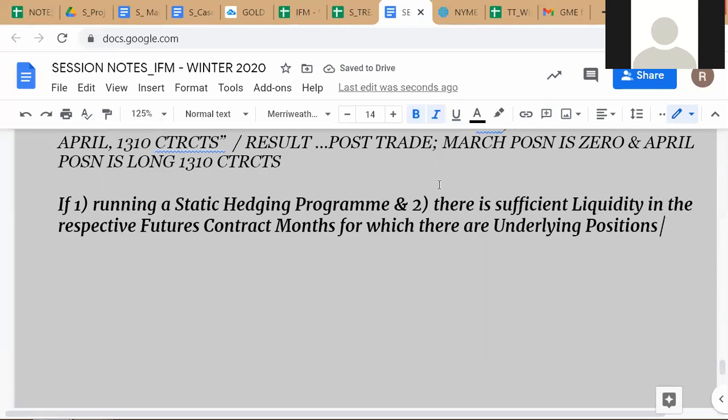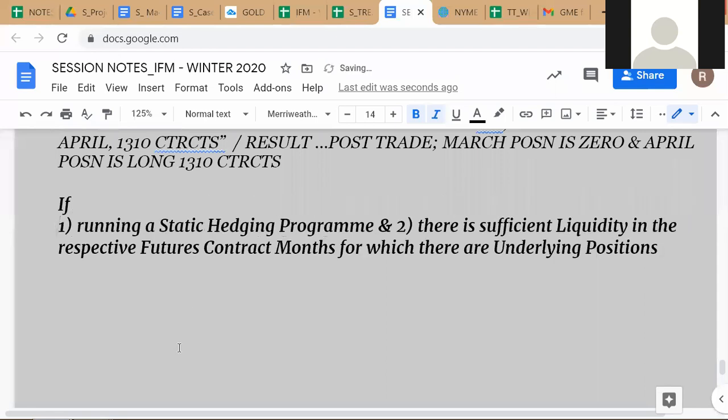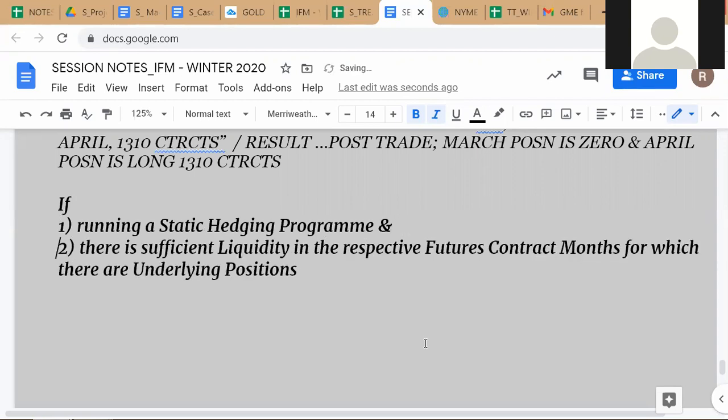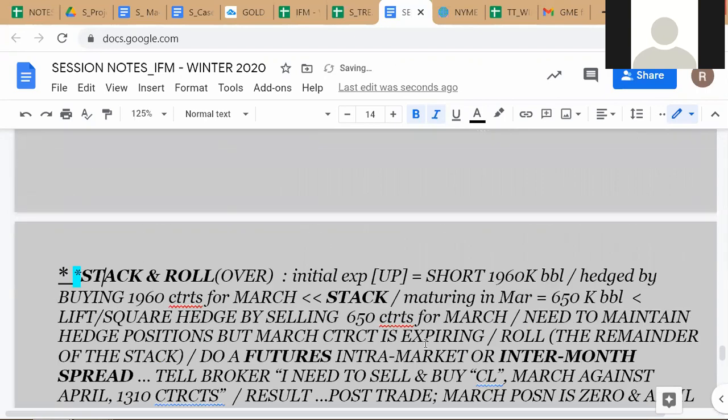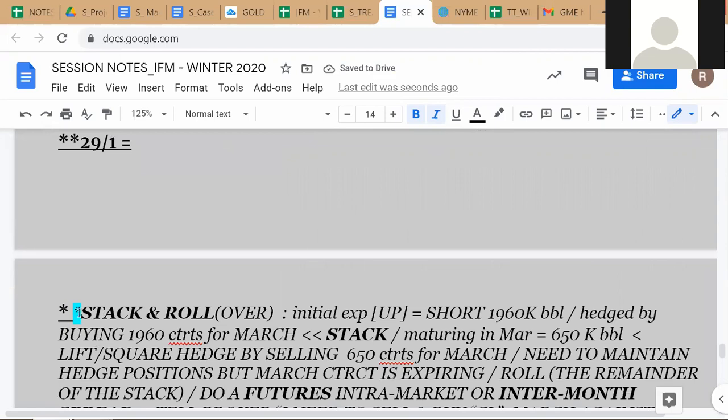Okay, so if one and two, it could be maybe 'and' or 'two', but I think this is better. I think if you have both, only then it makes sense. And then stack and roll does not make sense.